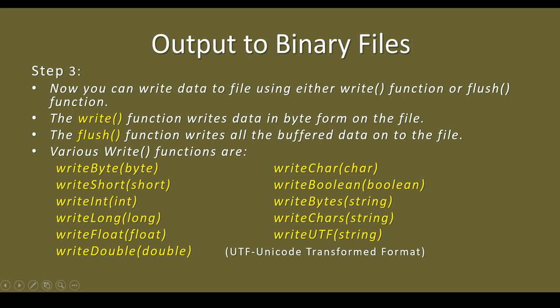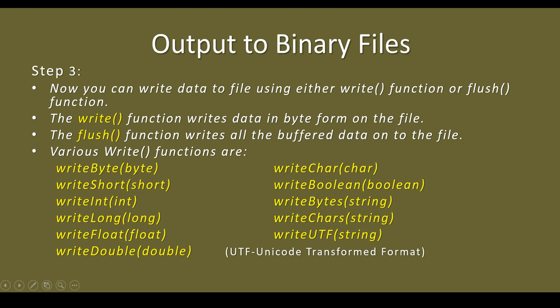This is like flushing: take all the data together, the buffer data which is stored temporarily in memory, and put it into the file. Here you have various write functions available. If you want to store a byte, you use writeByte, and within brackets the byte value. Then writeShort to store a short value, writeInt to store an integer value.